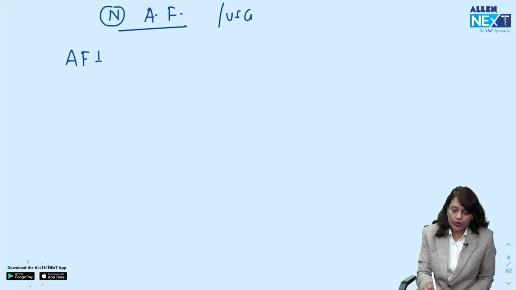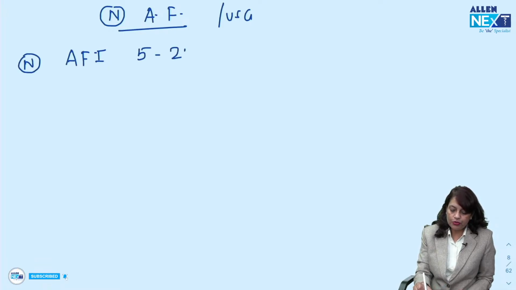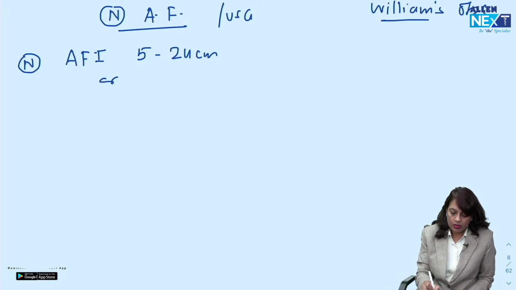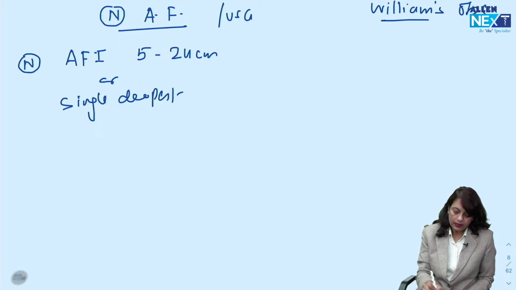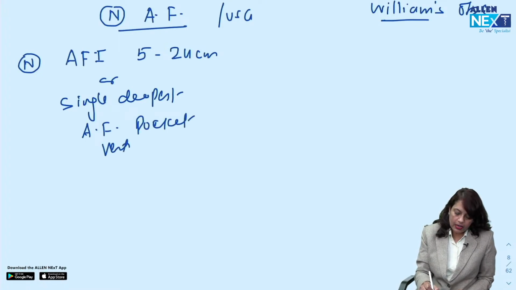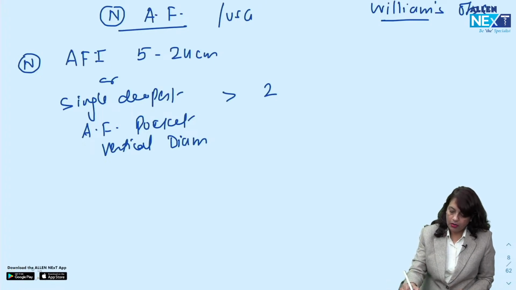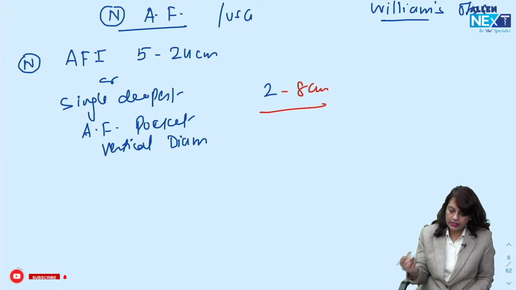Amniotic fluid index normal is between 5 to 24 centimeters, this I am quoting from the textbook Williams Obstetrics, okay, or single deepest amniotic fluid pocket, vertical diameter, normal is 2 to 8 centimeters.